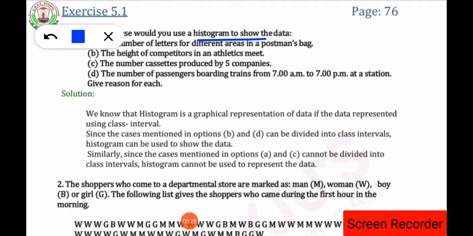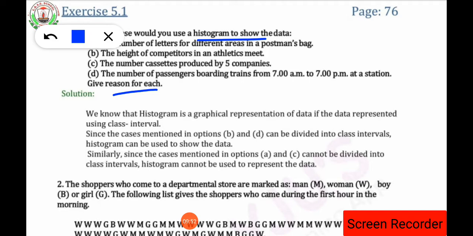Can that data be drawn by a histogram? It is asking. If it can be drawn, give the reason. Or if it cannot be drawn, give the reason. Why or why not, that reason we have to give. Clear?